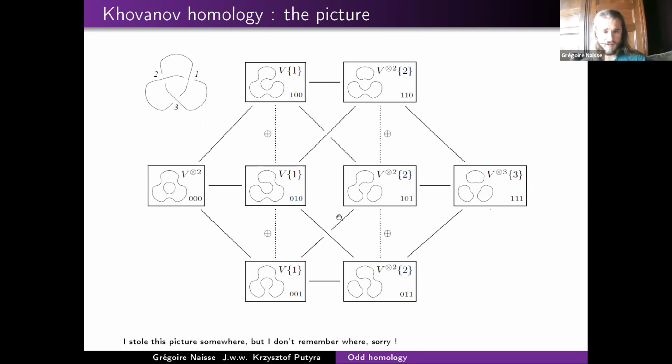Okay, so if you do that, you get this huge cube. And if you look at one face of this cube, and you follow one path here, what you do is you first put, for example, a saddle on this point here, and then a saddle on this point here. Or first on this point, and then on this point.